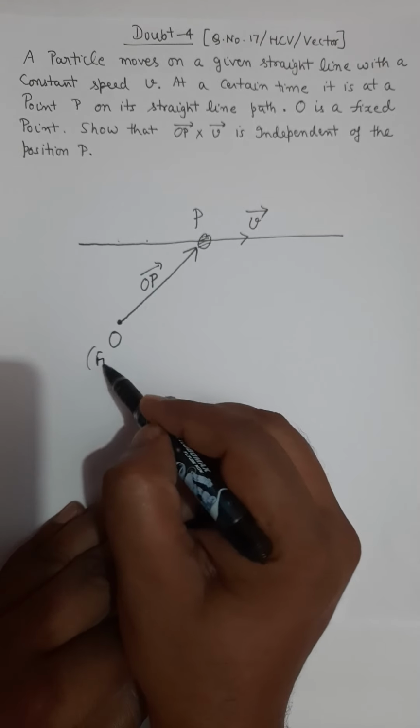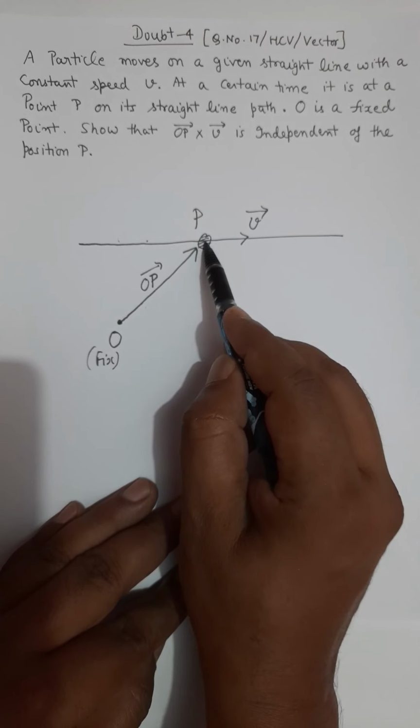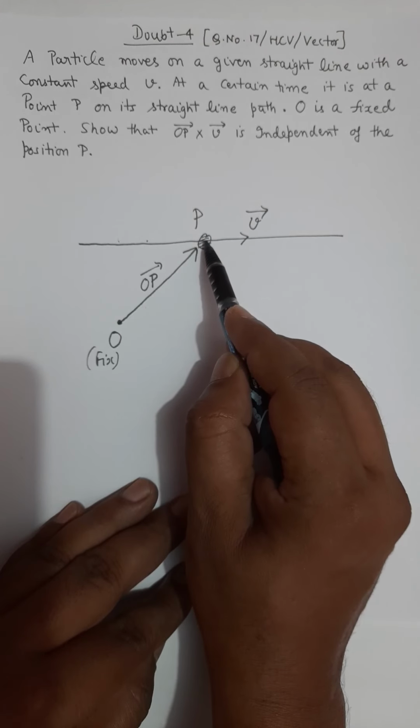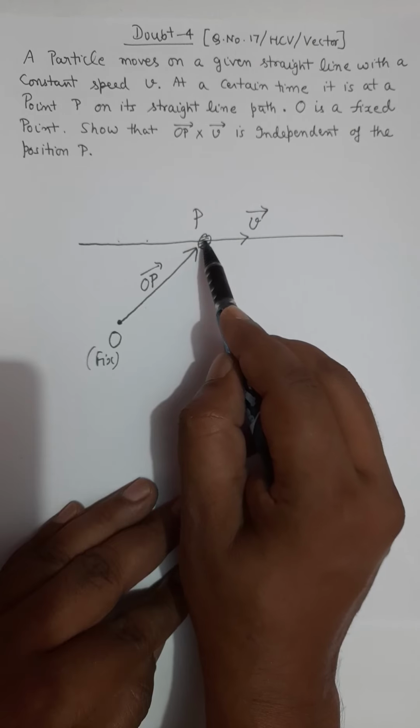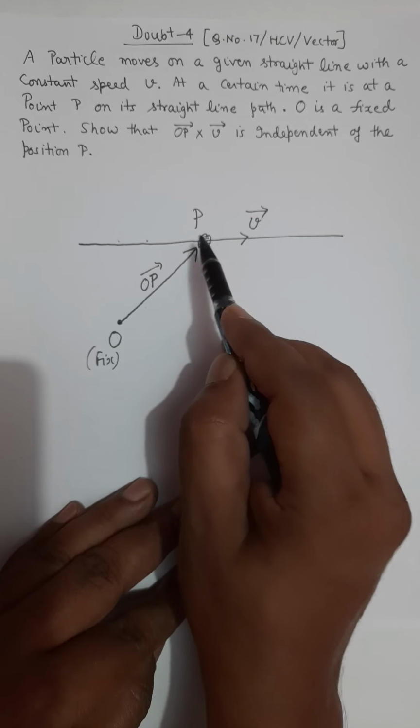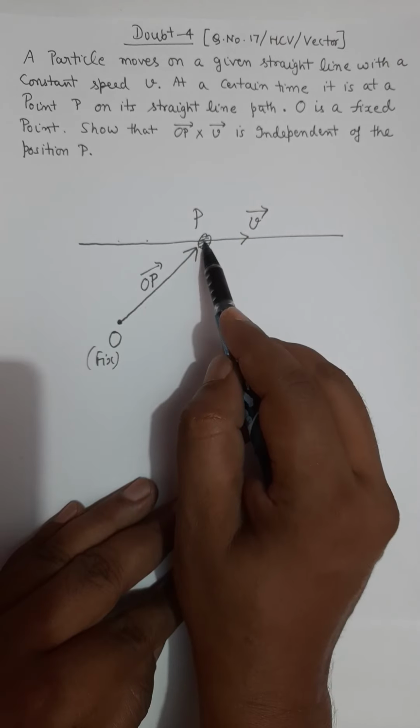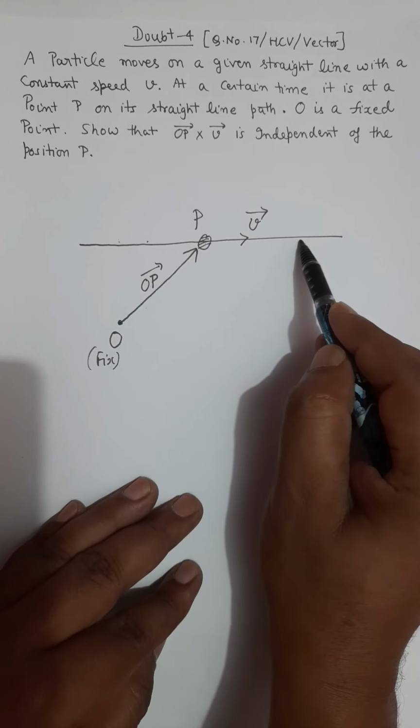Notice O is the fixed point, but this particle is not fixed, it is moving. So after a few seconds, if you wait for some time, this particle will be somewhere on the line ahead of this point.